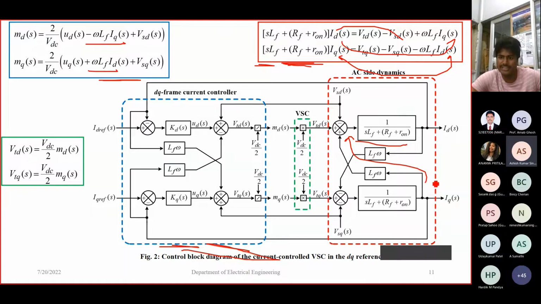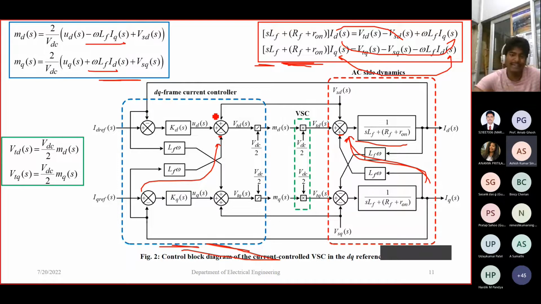For example, ID is decoupled from IQ, and IQ is decoupled from ID. Here a plus symbol is there, and here a minus symbol is there. So from the control law, we can clearly understand how we are decoupling ID and IQ.